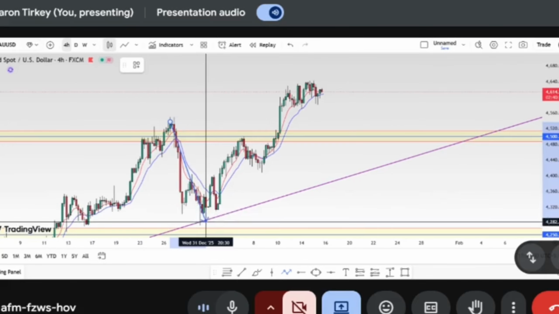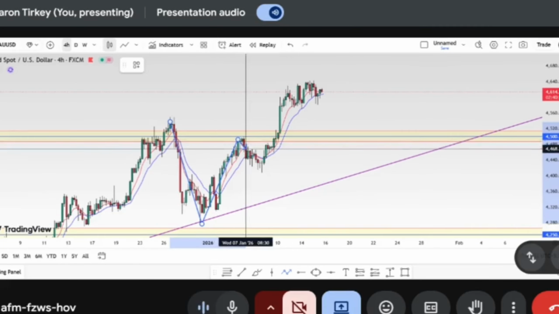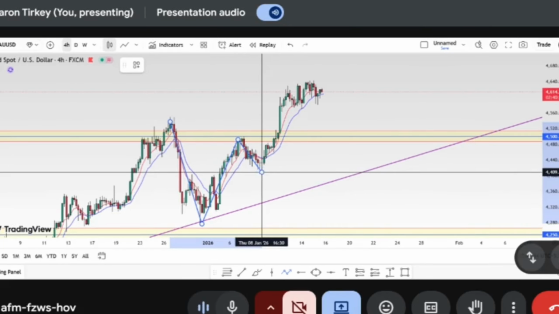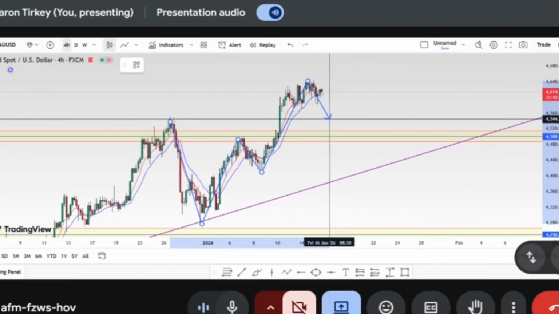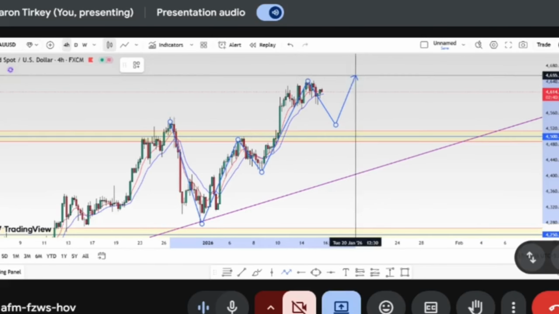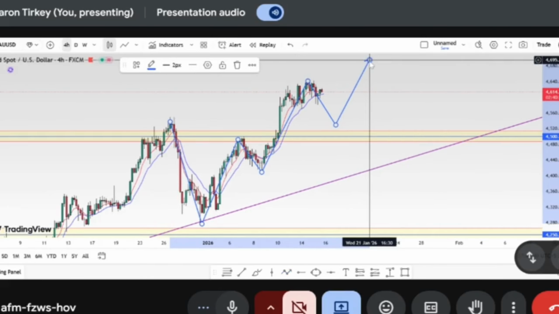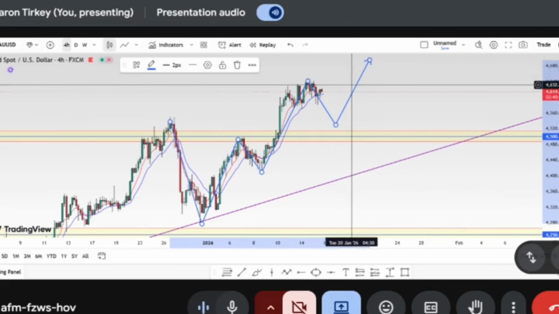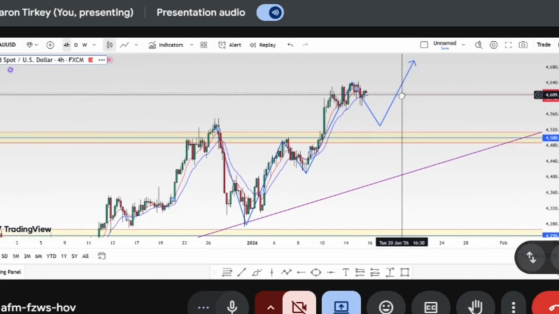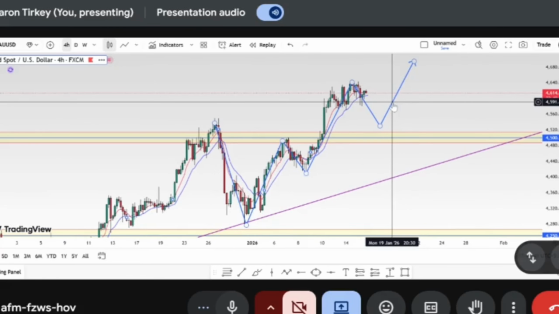If you see here, this is our higher low. Here it makes a higher high, then again a higher low, and here I am waiting for the price to make a higher low again for the retest. This is our W pattern, 1, 2, 3.